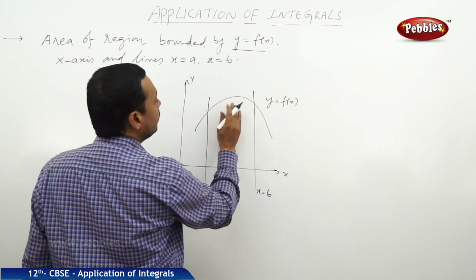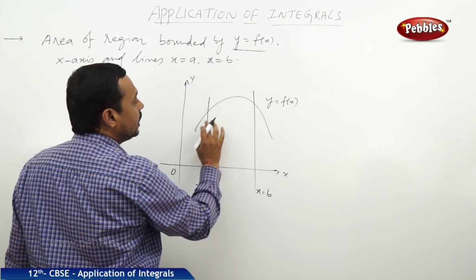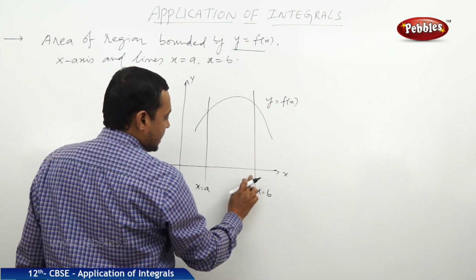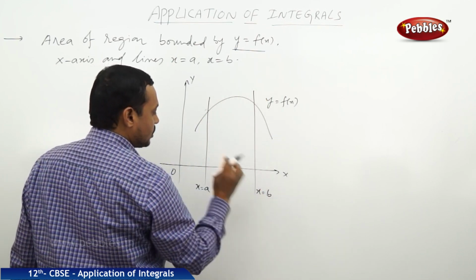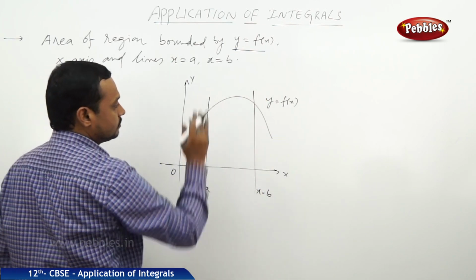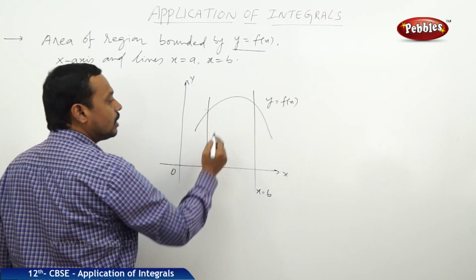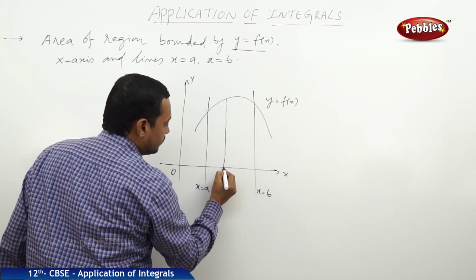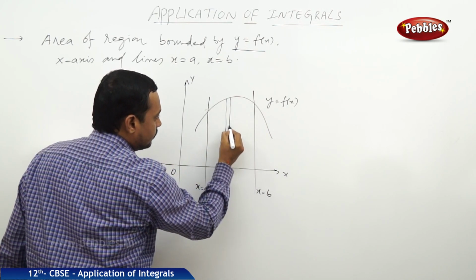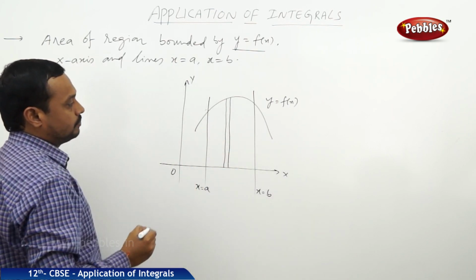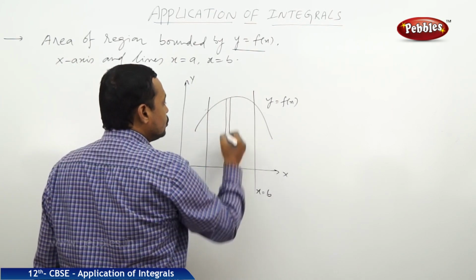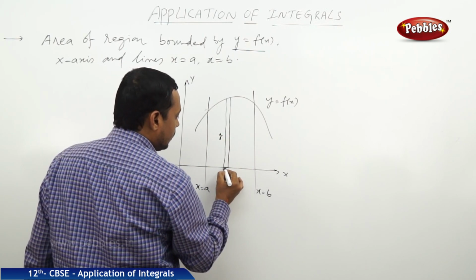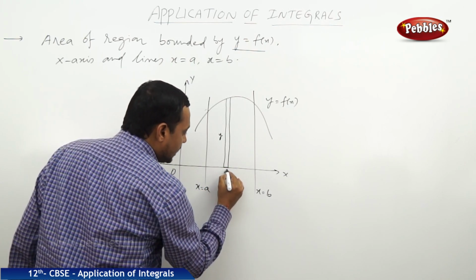Now we are going to find the area of the region bounded by this curve y is equal to f of x with x axis and the lines x is equal to a and x is equal to b. So this part. Now to determine the area, we just consider a strip, whose length or height is y and width is dx.